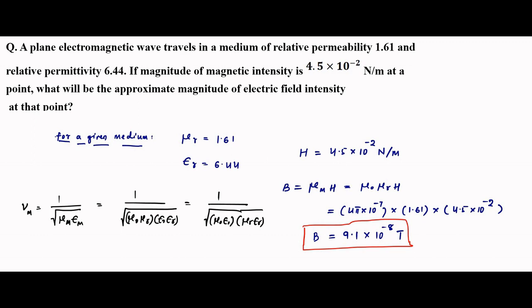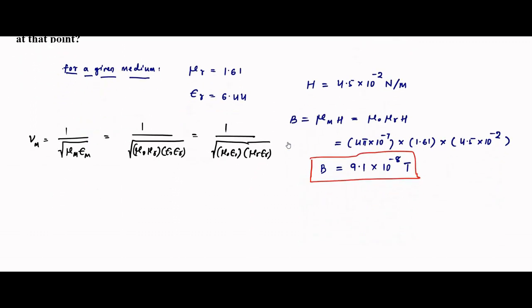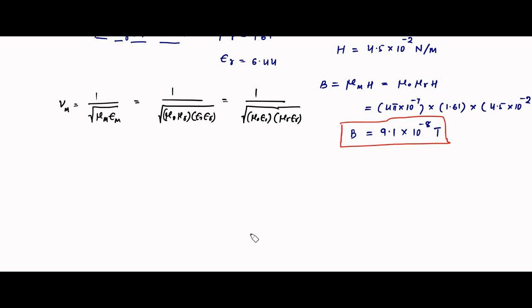If you remember, 1 by root over of mu 0 epsilon 0 is equal to C, 3 into 10 to the power 8. So this much portion will be equal to C. So this Vm will be equal to C by root over of mu r epsilon r.